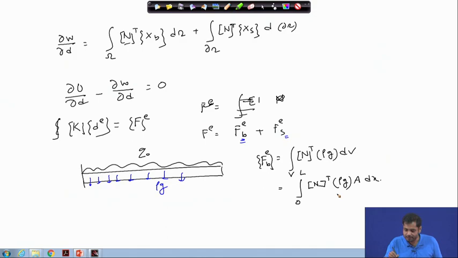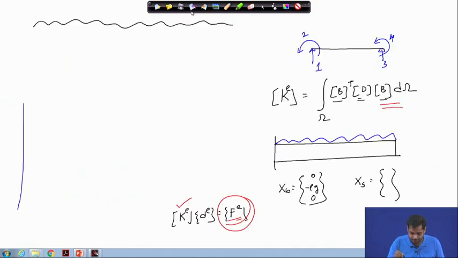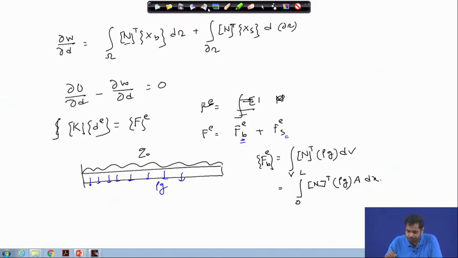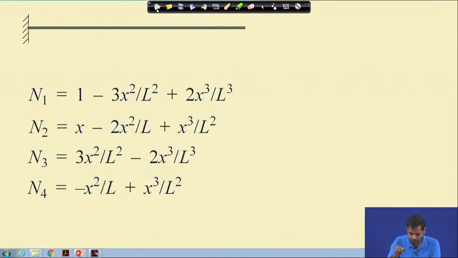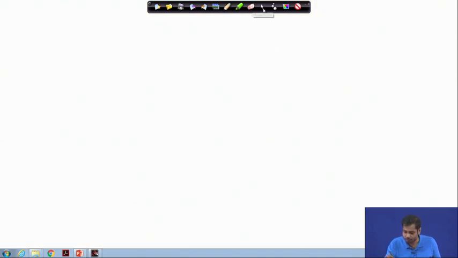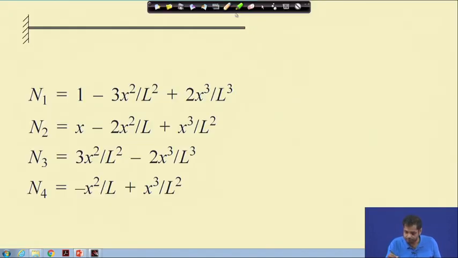Now, we already know the expression for N. These are the expressions for N, and N is essentially N1, N2, N3 and N4.